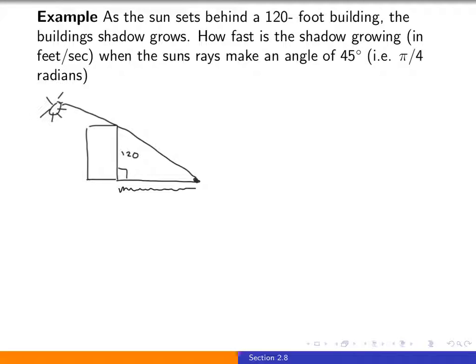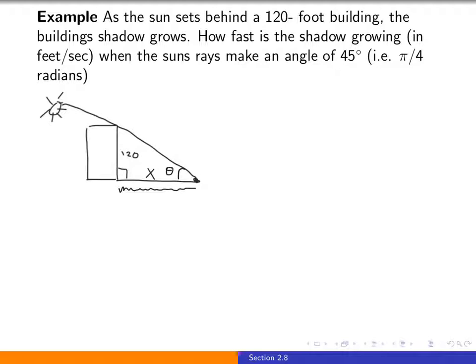So let's go ahead and let x represent the length of the shadow. And then we're told when the sun's rays make an angle of 45 degrees. So we're thinking about the angle formed by those sun's rays coming down. Let's call that variable theta.